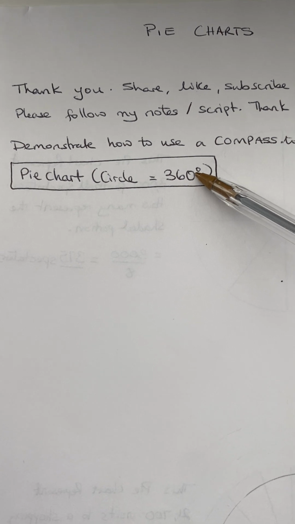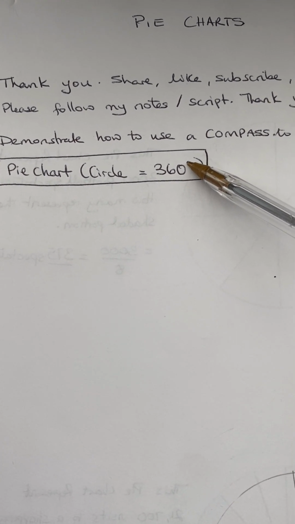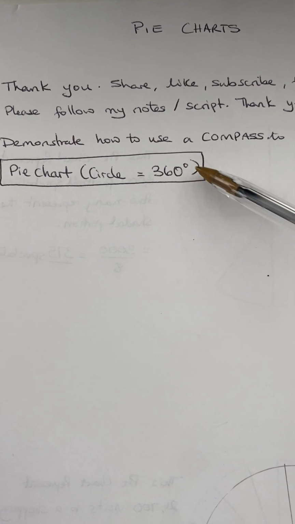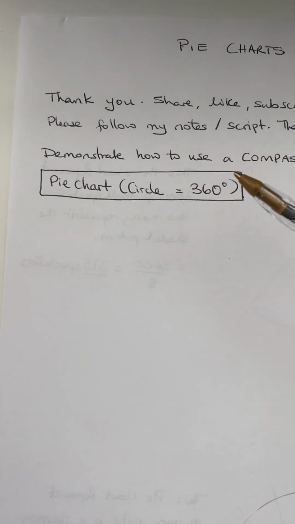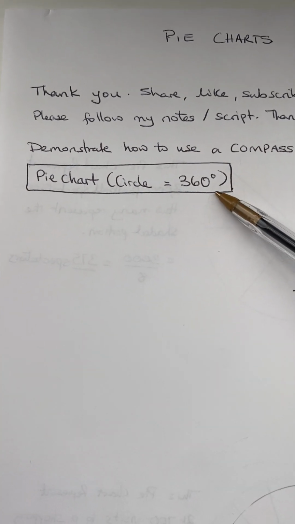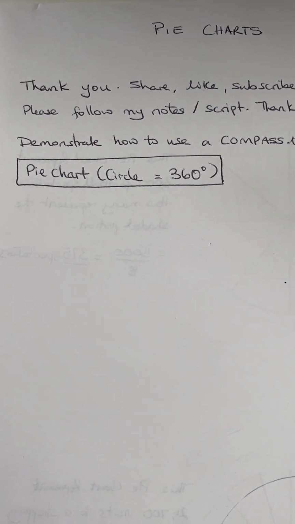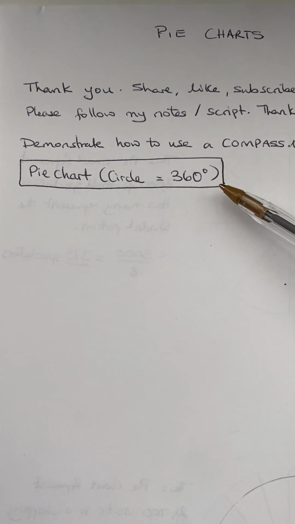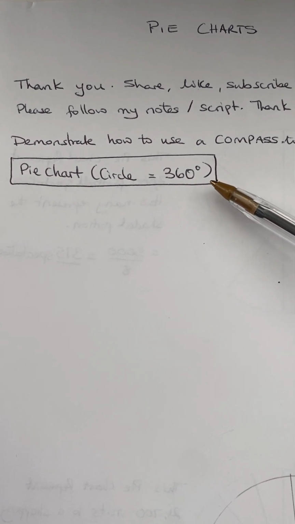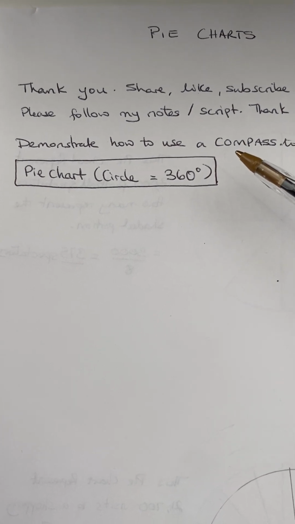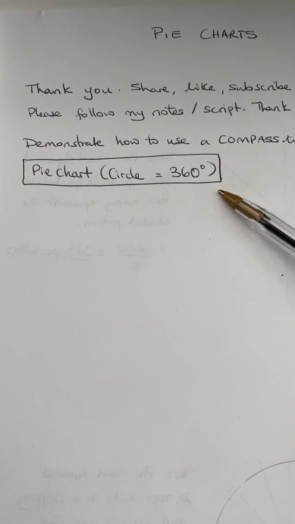With that knowledge, when we draw a pie chart, we'll be able to do calculations with that, and then say what this represents, or what this percentage represents, or what this value represents, depending on the question that has been thrown at us.